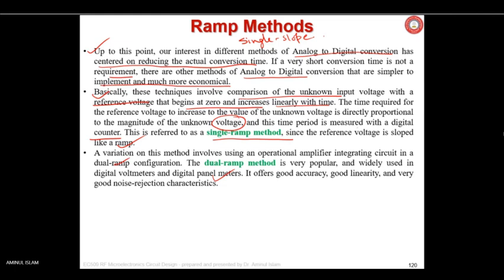In single slope, it is RC dependent, so in dual slope we'll see that it is not there. Conversion time will be longer here also. It is not going to be shorter in dual slope. Conversion time is going to be longer only, but it will not depend on RC. It is free from RC dependence. That's what we are going to see now.